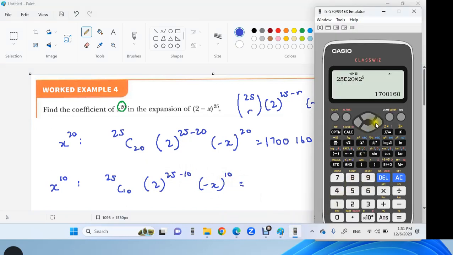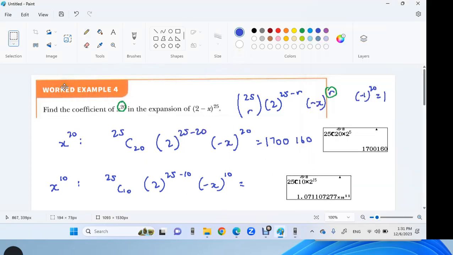So it will be something interesting. 25C10, 2 to the power of 15. Okay, then this is the value. It's a very large value.